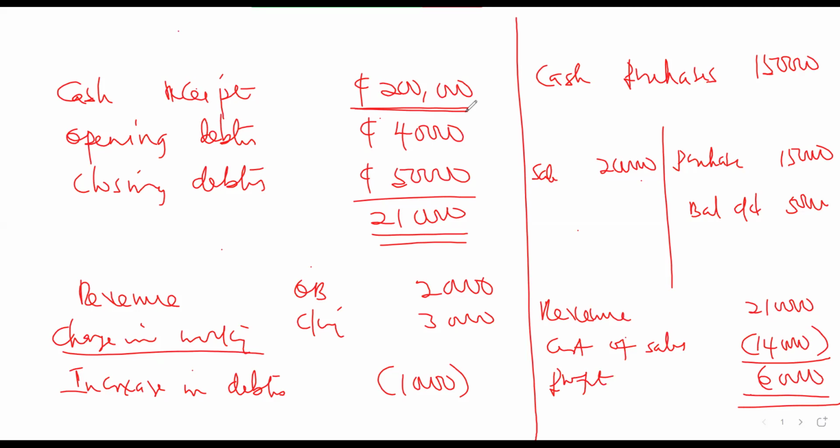What is increasing the 50,000 by the 10,000 to make it now 60,000? What is bringing the 10,000 increase?